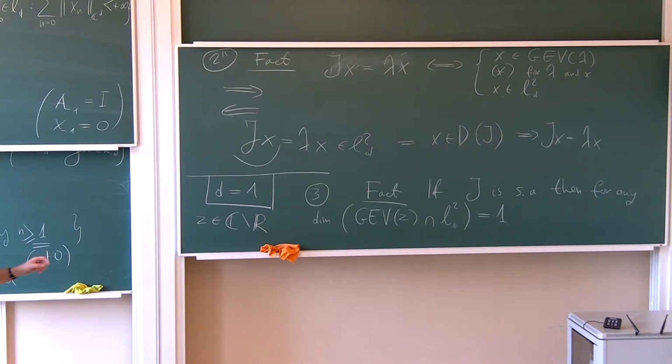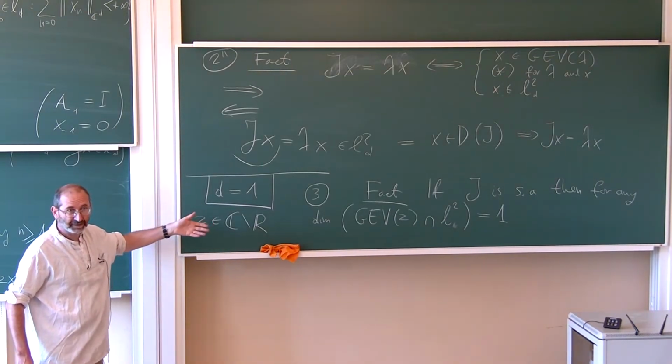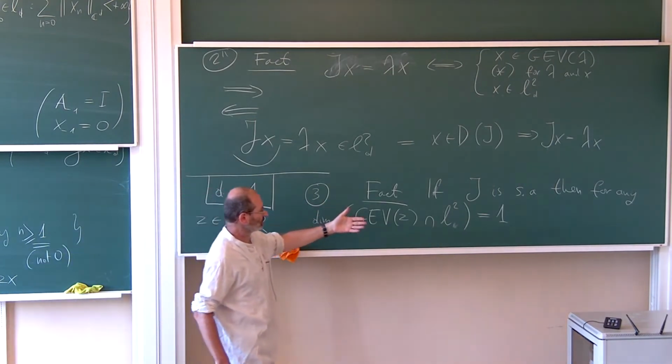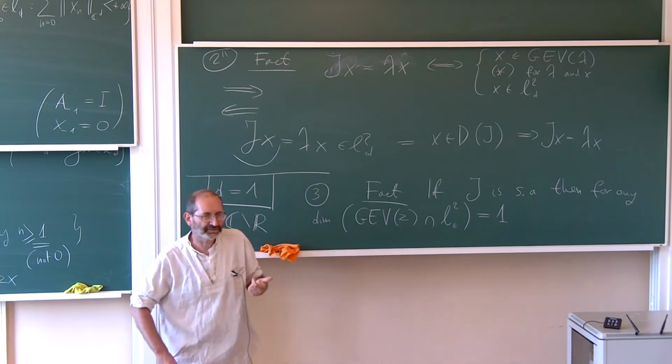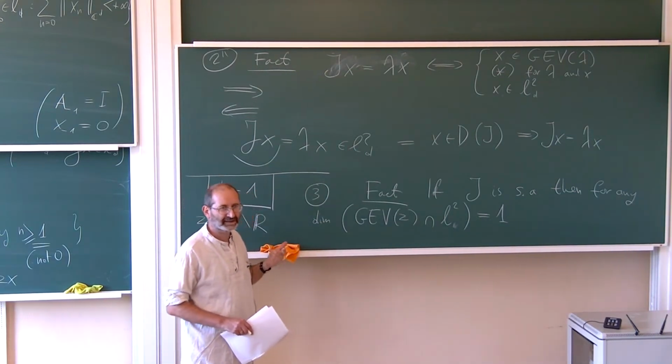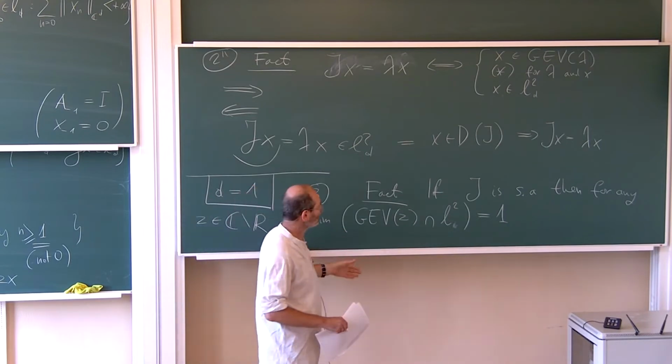This means that z belongs to the point spectrum, which is impossible because this is a self-adjoint operator. So it cannot be two-dimensional. So it can be zero-dimensional or one-dimensional. And we can easily find a vector which is non-zero and belongs to this.